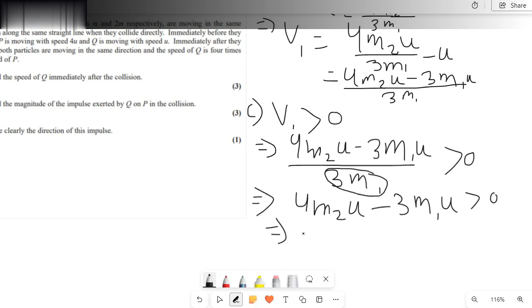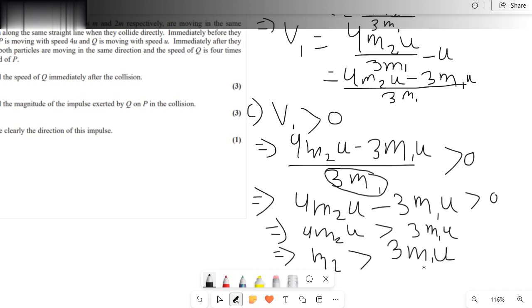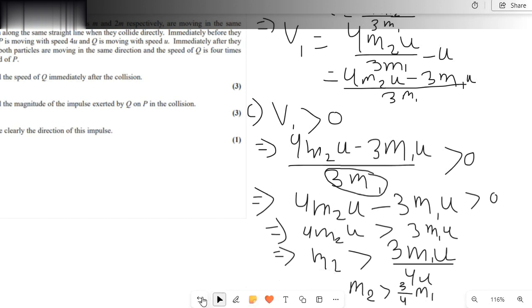Therefore, m2u is greater than 3m1u. So we can divide both sides with 4u and we will get m2 is greater than 3m1u divided by 4u. Therefore, we have our required inequality of 3 by 4 multiplied with m1. And this is our answer.